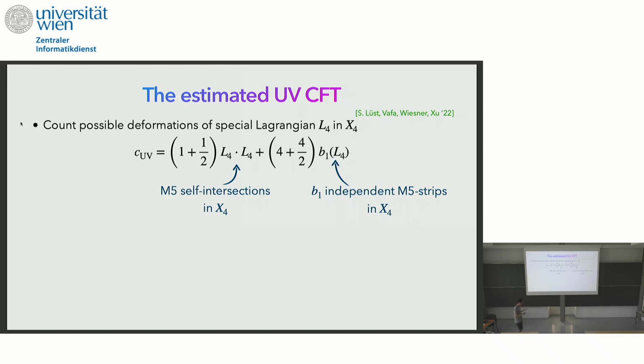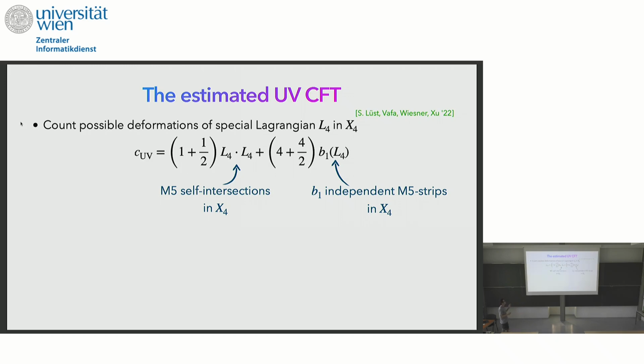To put this bound, they count the possible deformations of the special Lagrangian within the Calabi-Yau 4. This is exactly the same logic as in the black hole case, where in MSW we count the possible deformations of the L4, but within the Calabi-Yau 3. So you get this result.